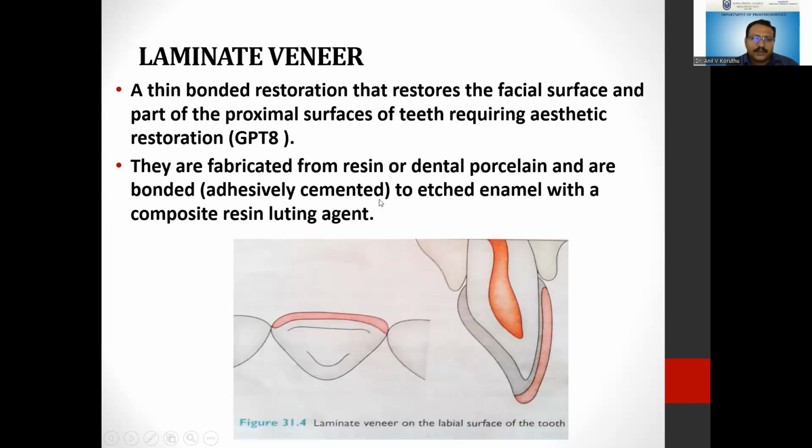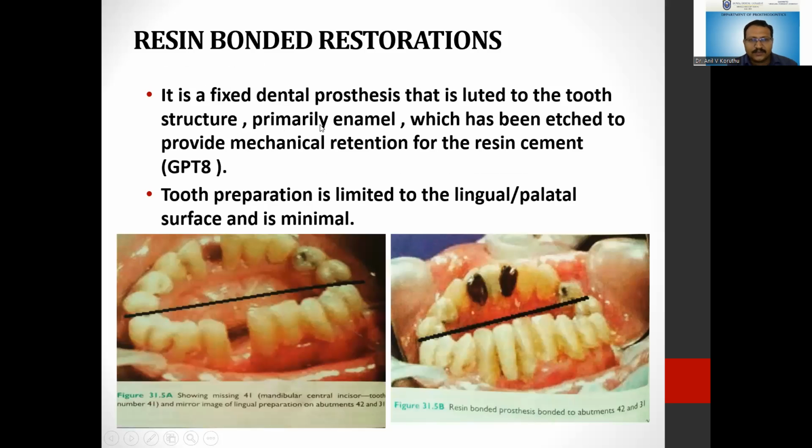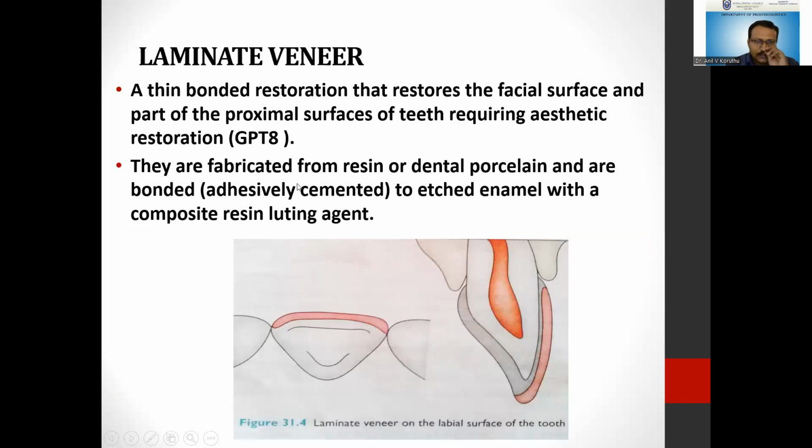Another terminology is laminate veneers. You can see in this picture a thin pink colored layer. This is a very thin bonded restoration that restores the facial surface and part of the proximal surfaces of teeth requiring an esthetic restoration. So it covers the facial surface and likewise a part of the proximal surface.